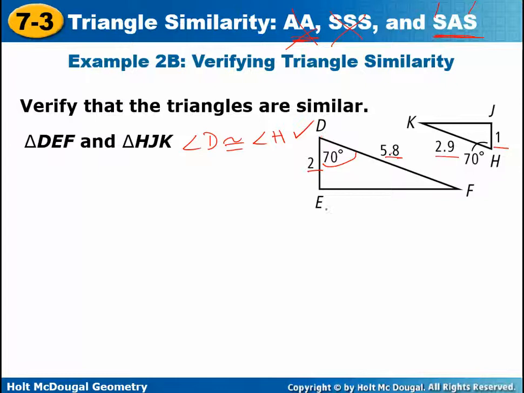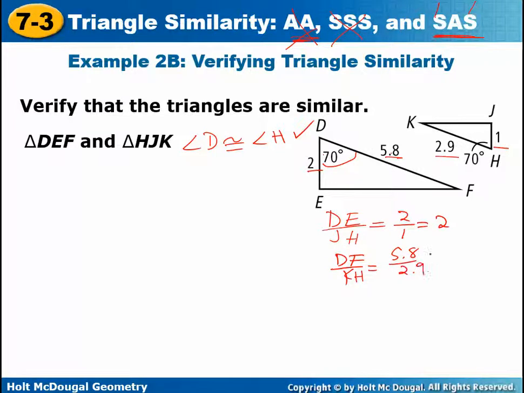So now we can check the similarity ratios and see. Let's do DE over JH first. That would be 2 over 1. That simplifies to 2. Now remember to go in the same order. I took the big triangle first, so I'm going to go DF over HK or KH. And that would be 5.8 over 2.9.